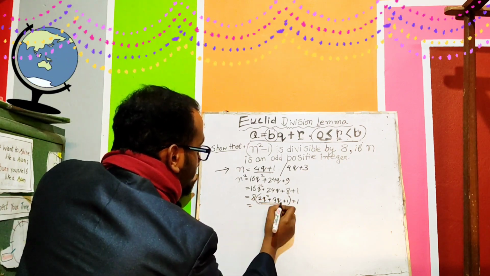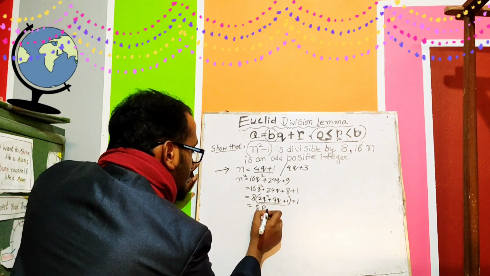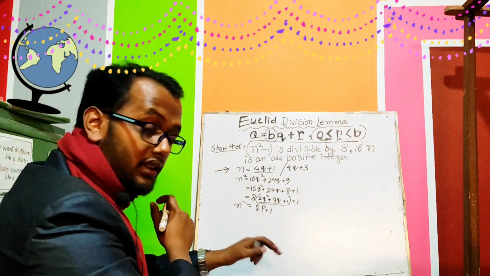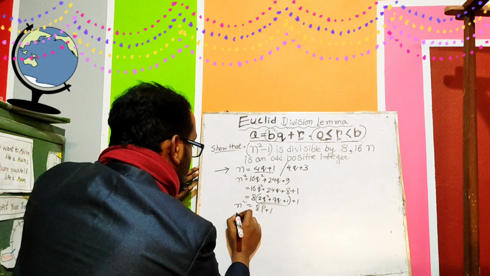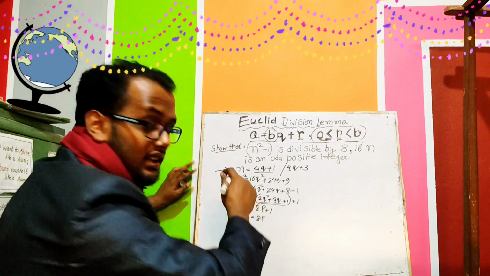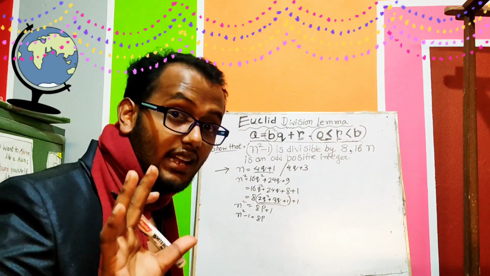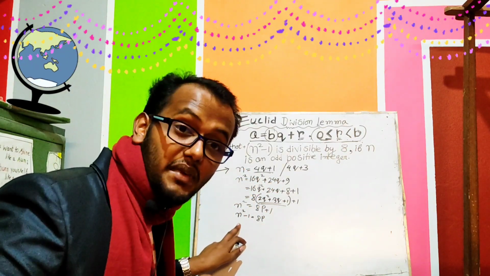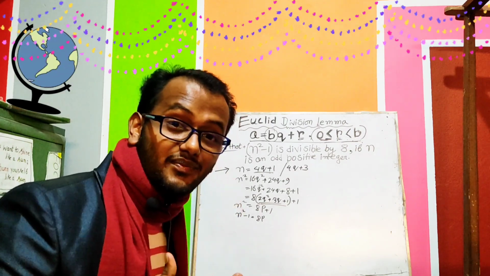If you consider this as p, then n square is equal to 8p plus 1. Now subtract 1 from both sides. n square minus 1 is equal to 8p, because plus 1 and minus 1 get cancelled out. That means n square minus 1 is equal to 8p again.